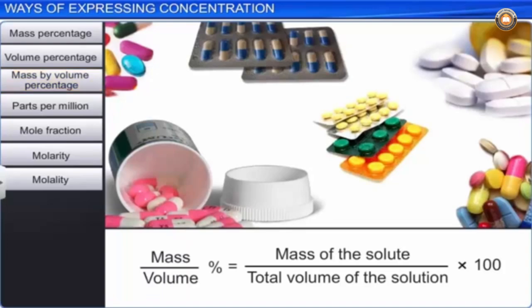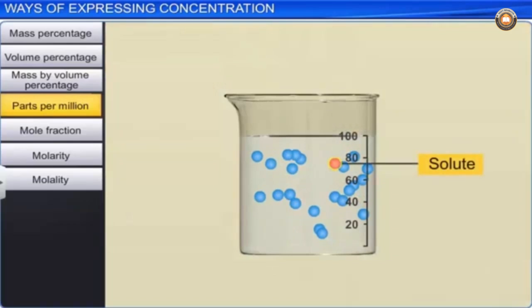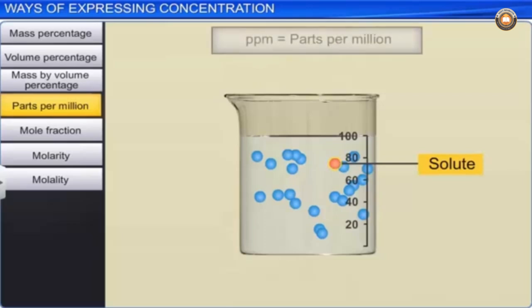When a solute present in a solution is in a very small quantity or trace amounts, then its concentration is expressed in another quantity known as parts per million or ppm. Parts per million or ppm is defined as the ratio of parts of the solute to million parts of the solution.